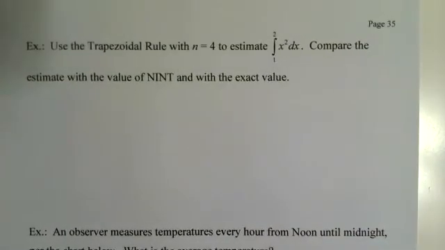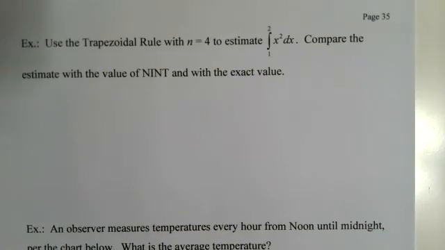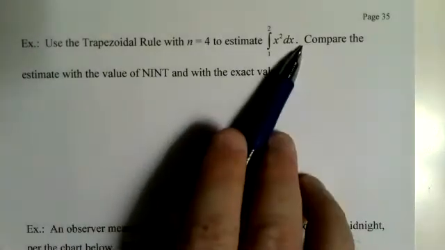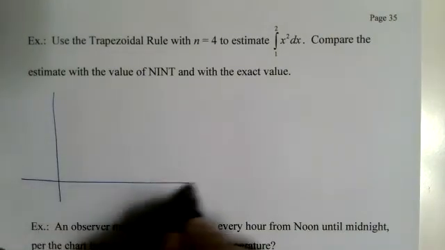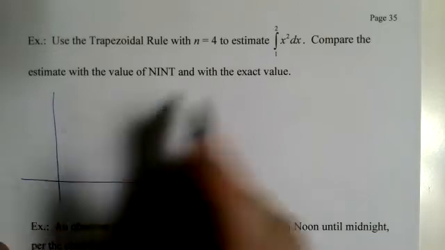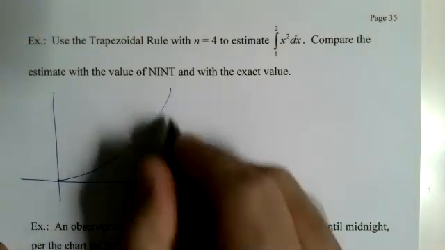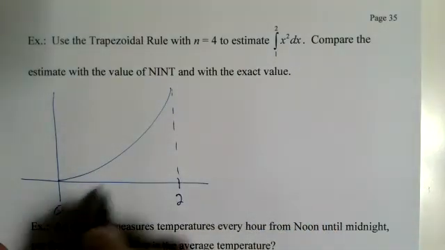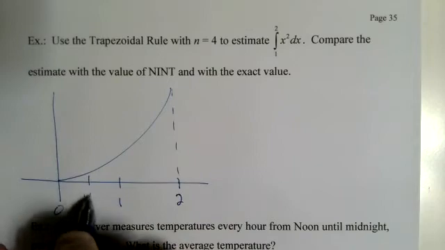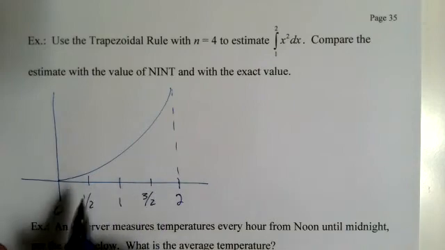So use the trapezoidal rule with n equals 4 to estimate the integral. I'm not going to use the calculator integral function. I can do this by hand. That's ludicrous. But I've got to draw it up big. x squared, zoom 4, from 0 to 2, with points 0, 1/2, 1, 3/2, 2.